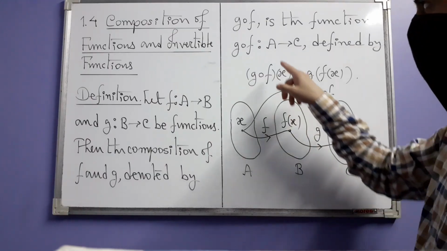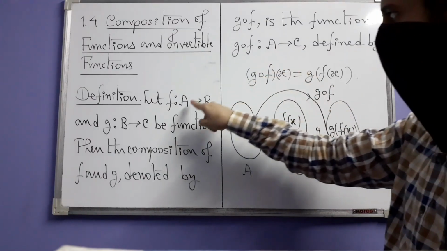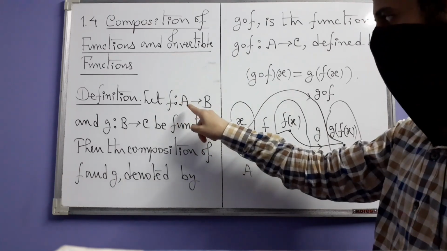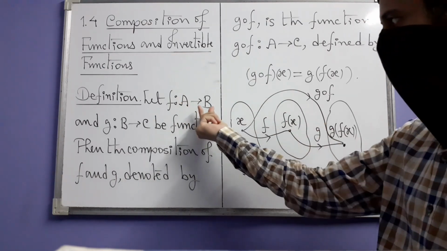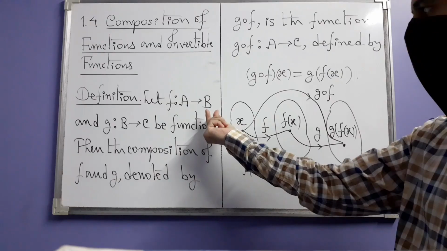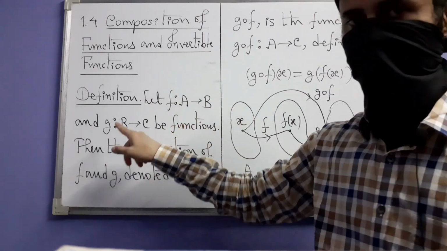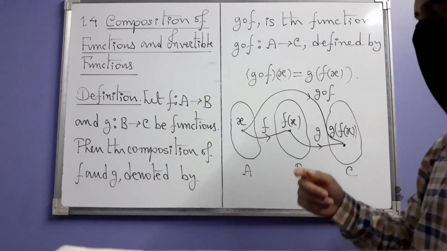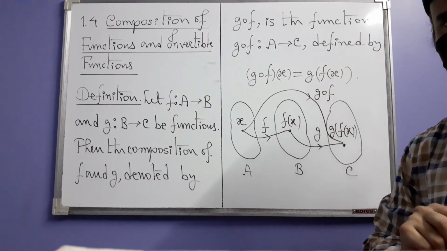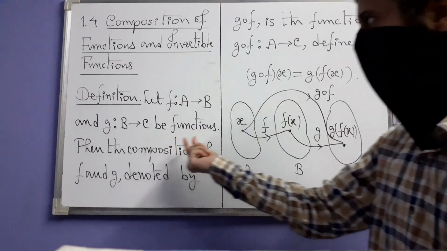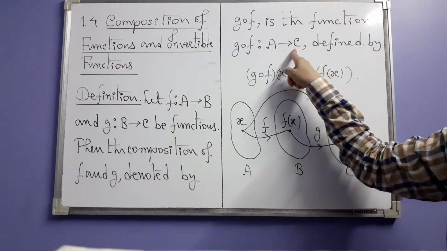Yes, because the moment you choose your x from A, that is also the domain of f. So f of x makes sense and it's an element of B. And B is the domain of g, so you can calculate g of f of x. That also makes sense, and that will be an element of C. So ultimately we are getting an element of C.